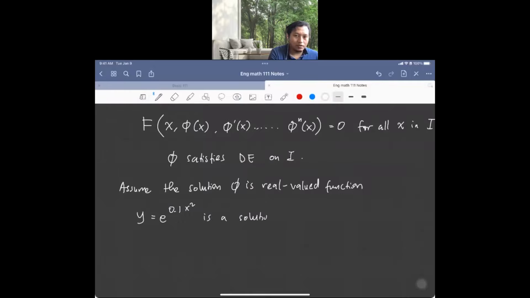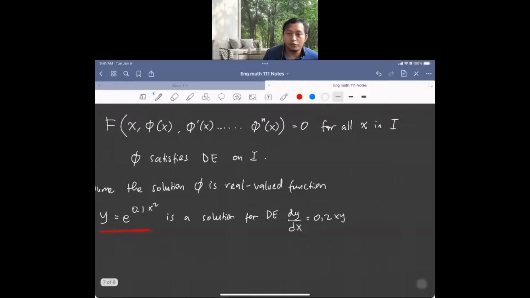This is a solution for its DE, dy over dx. This is true because we started from the solution and then wrote the DE itself. So we know that if we want to find the solution of this DE, then the first equation here is the solution, right? So this is the solution for the DE on the interval for all real numbers, on this interval for all x.